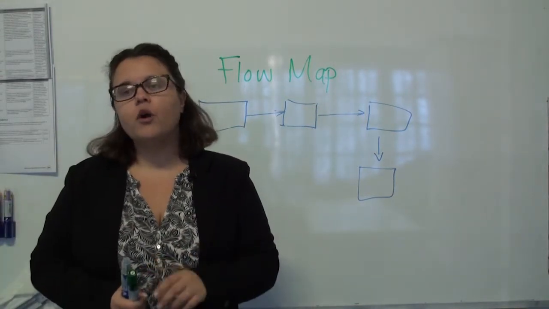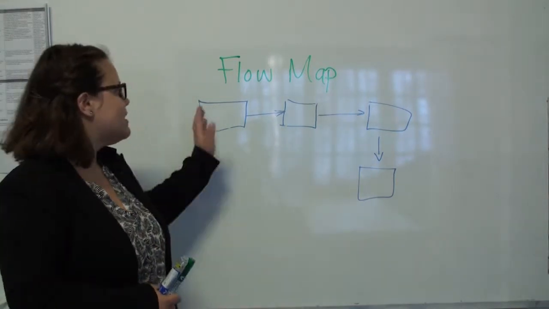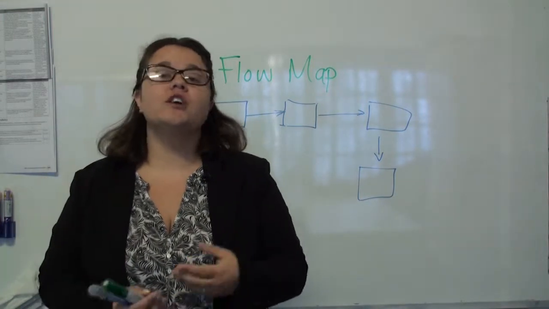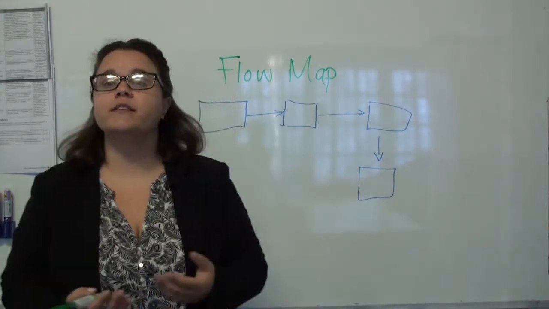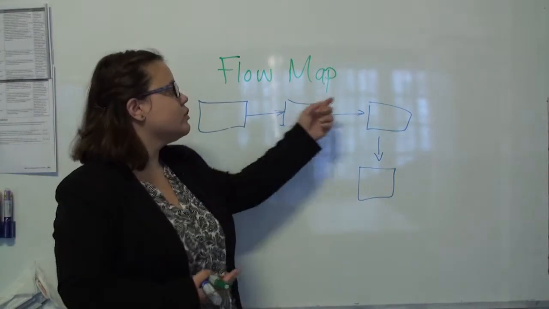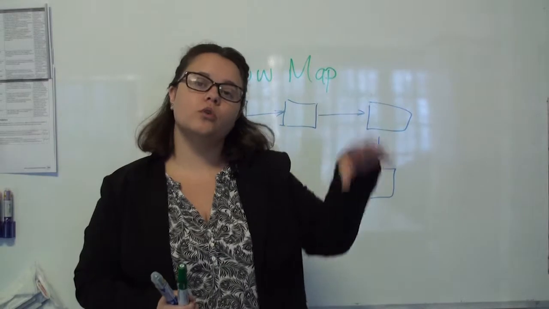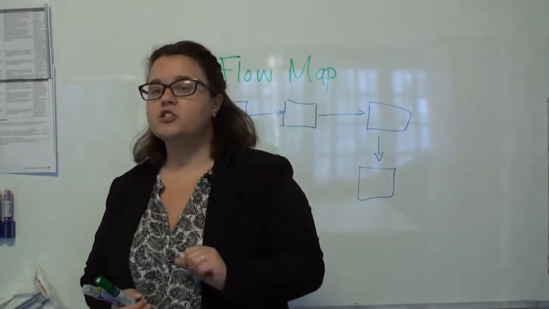As I mentioned before, it can be used for anything. You can sequence events within history. So if you are studying World War II or the Industrial Revolution, you could look at sequencing the events, not just looking at all the causes, but the order in which they happened.